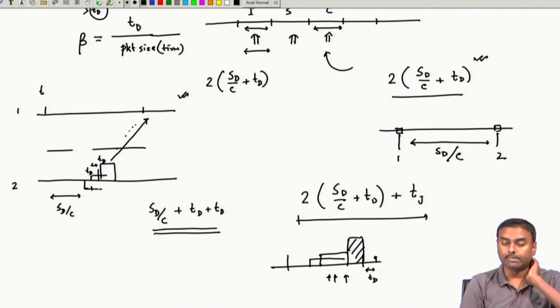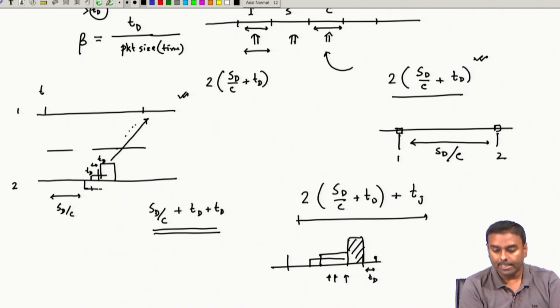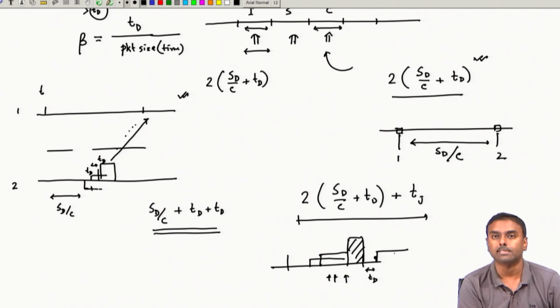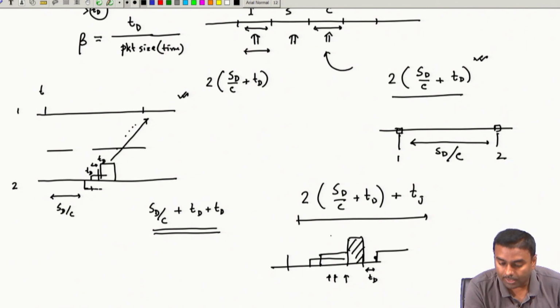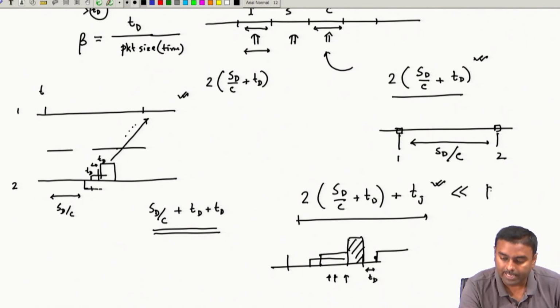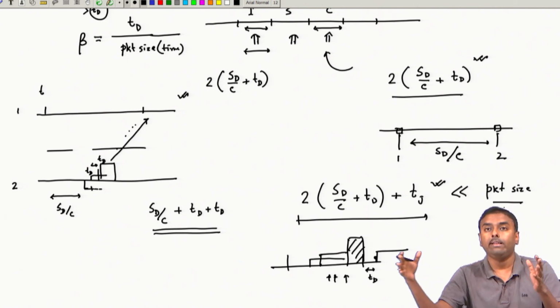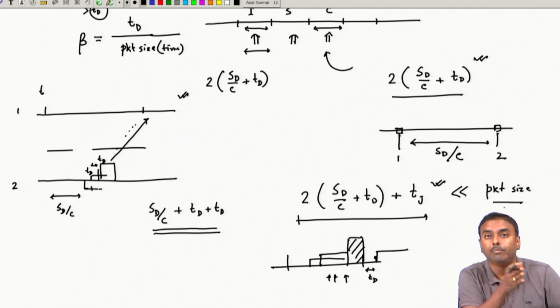Then an idle slot will follow, or if somebody captures the channel, a successful slot will follow. If this time is less than the packet size, as we have already said, the success will have a higher share compared to the collision. So, again we get an advantage.